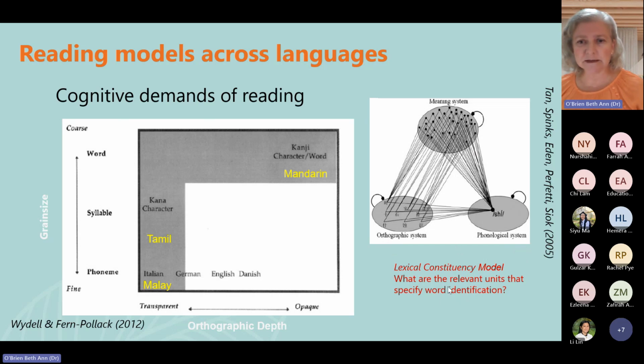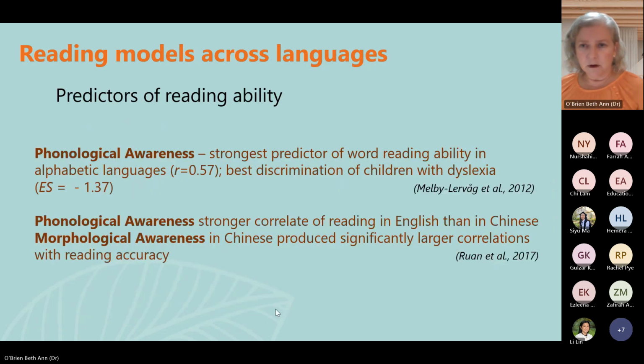So this suggests that the relevant unit for Chinese would be more at the meaning level and perhaps also at the whole word level.